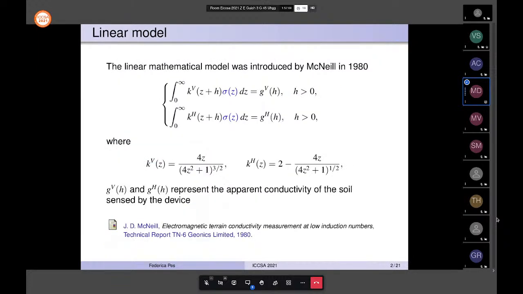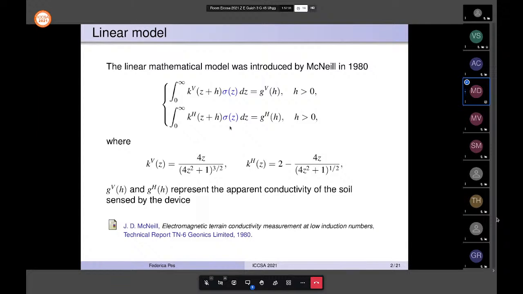Here we present the mathematical model that describes the interaction between the device and the soil. It's a linear model composed of two integral equations of the first kind. The first equation corresponds to the vertical orientation of the coils, while the second one corresponds to the horizontal orientation.